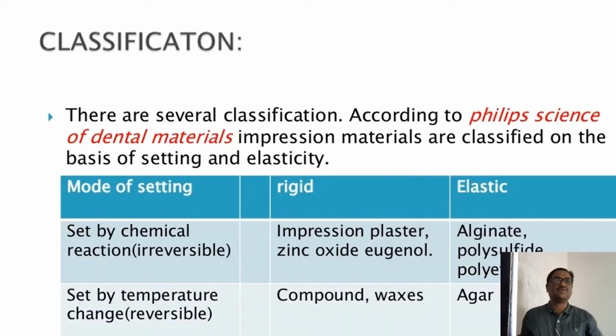So coming to the classification of impression materials. According to Phillips Science of Dental Materials, all of you read from Phillips, no? The standard textbook, Phillips. Okay, Anusavice or Phillips. So this classification is placed.